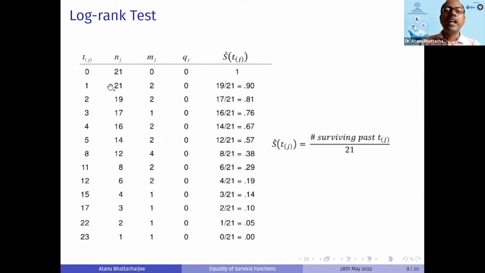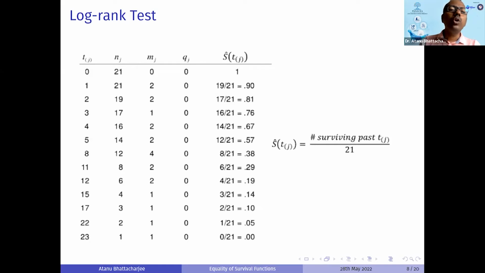Now secondly, after the 1 month of observations, out of 21, let's say 2 died. How did they die? One person died after 15 days, and another patient died after 20 days.